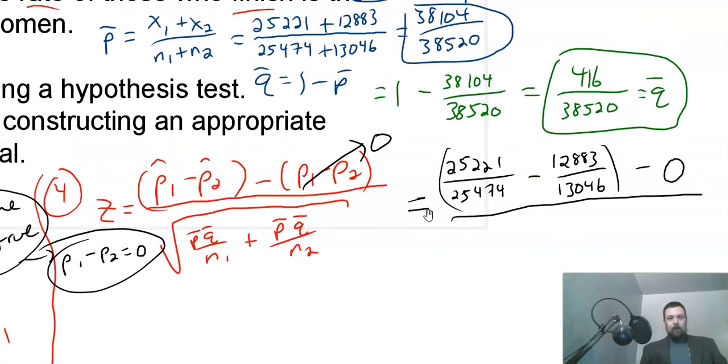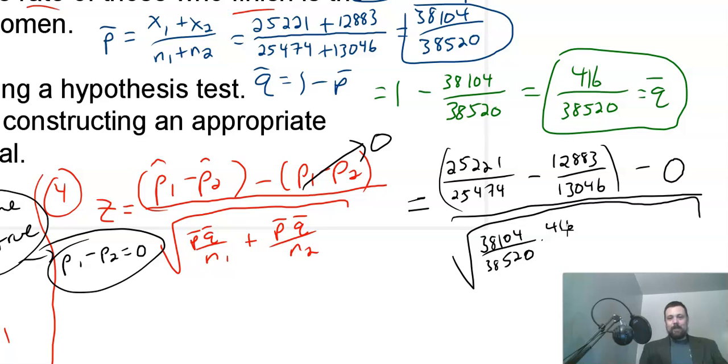So right there. All right, so we're going to have the square root. We're going to need a lot of space for this. P bar, which is 38,104 over 38,520, times Q bar, which is 416 over, again, 38,520.